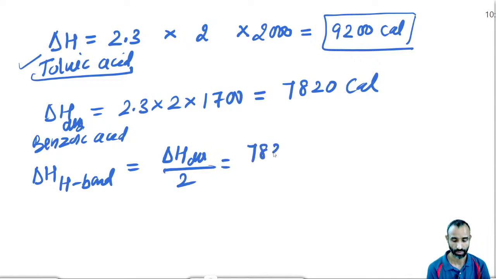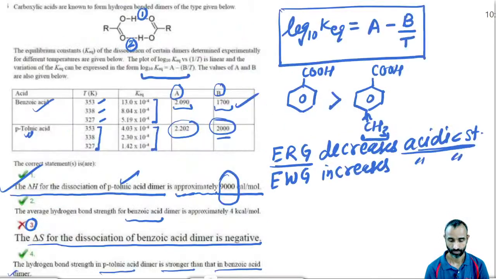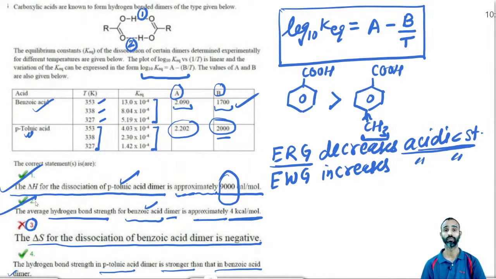That means 7,820 divided by 2, which is 3,910 calories, about 3.9, very close to 4. That's why the average hydrogen bond strength for benzoic acid dimer is approximately 4 kcal per mole.